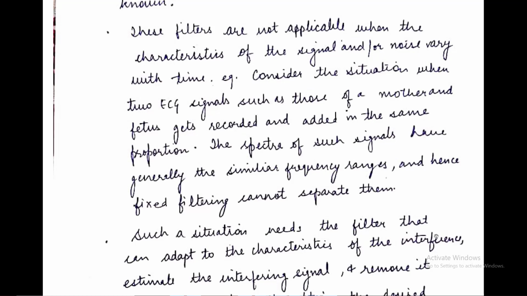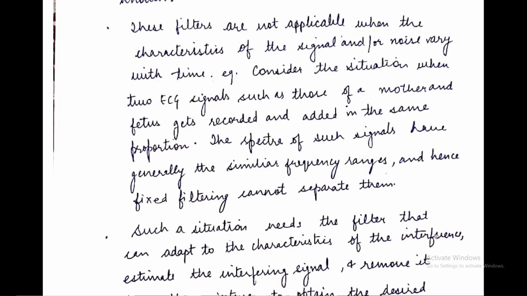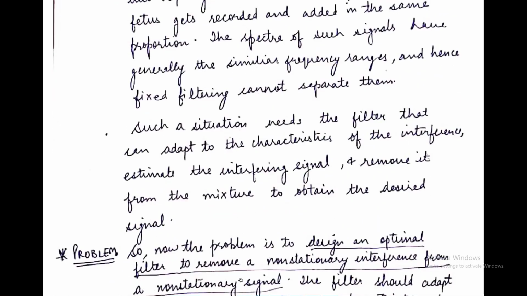So such a situation needs a filter that can adapt to the characteristics of the interference, estimate the interfering signal, and finally remove it from the mixture to obtain the desired signal.